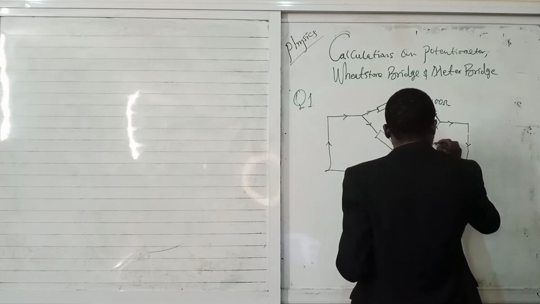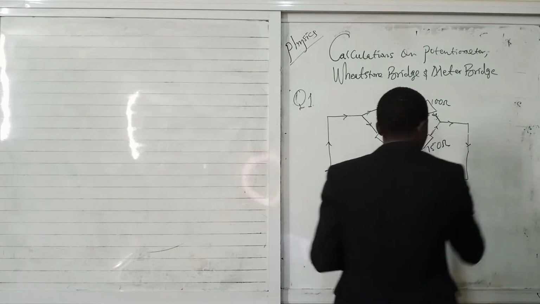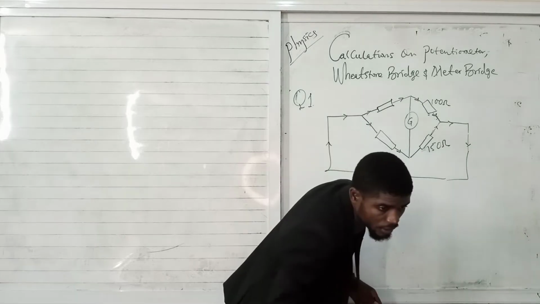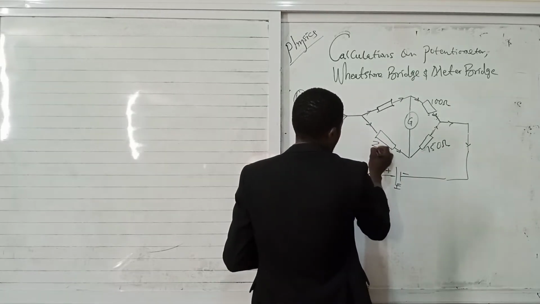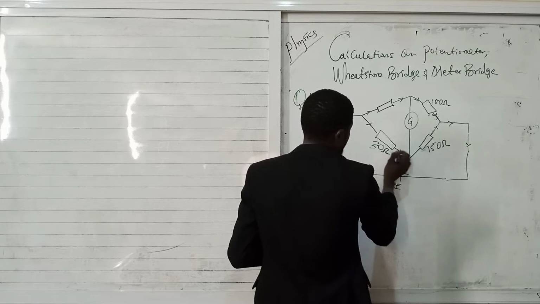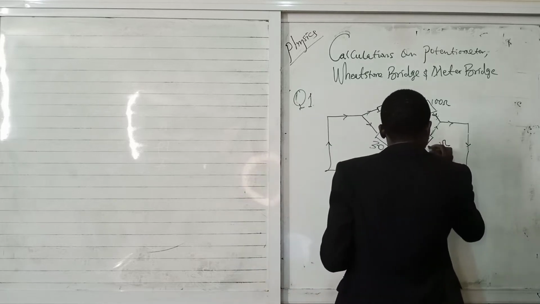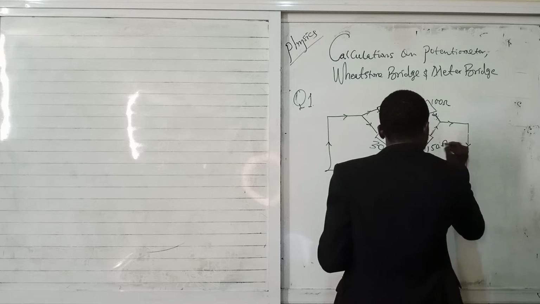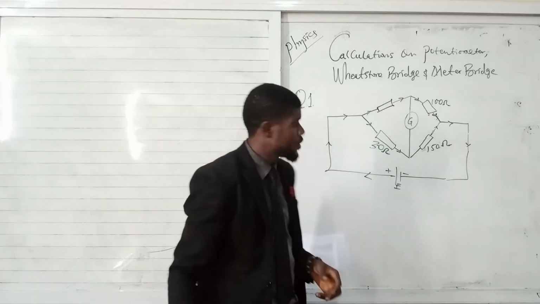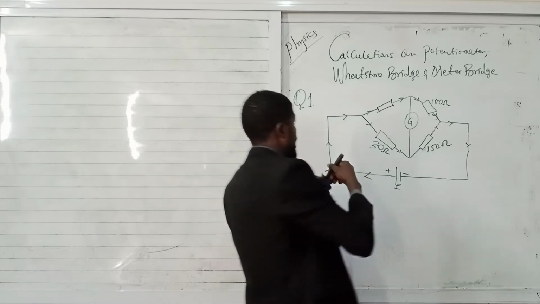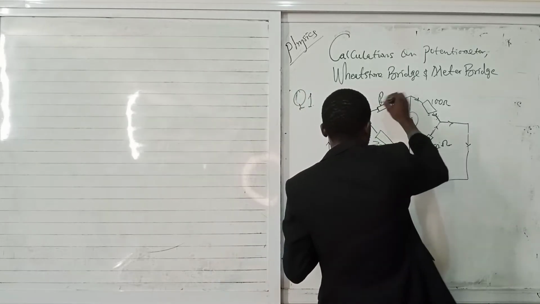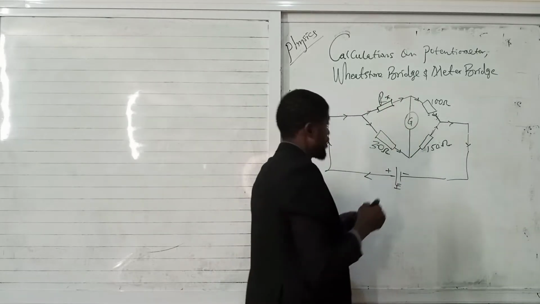Here's 150 ohm, and here is 30 ohm. This is 150 ohm. So if you recall from the equation, you have to find this unknown resistance Rx.